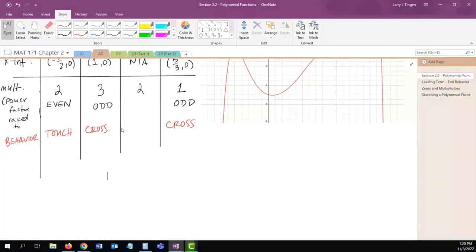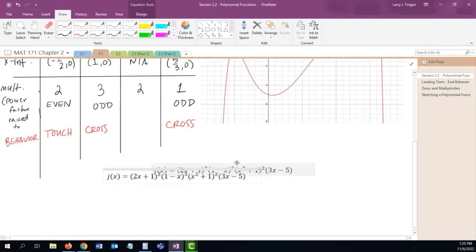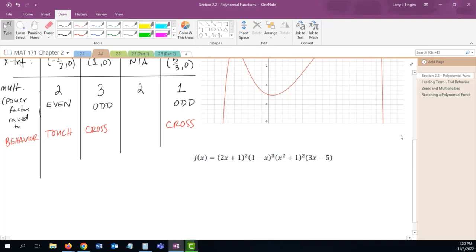All right. So here's the function. Now, the degree, oh, and last thing on multiplicities, notice that I don't care how odd or how even a number is, the behavior is just still going to be touch and cross.